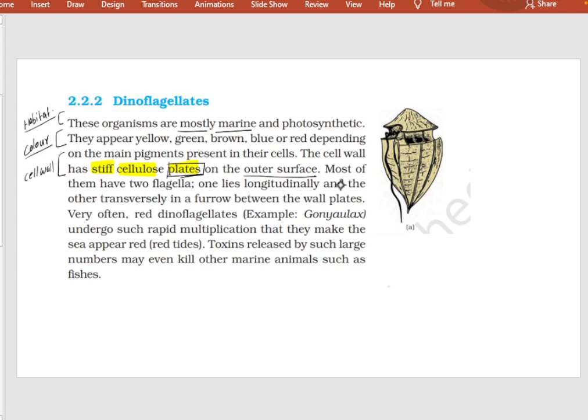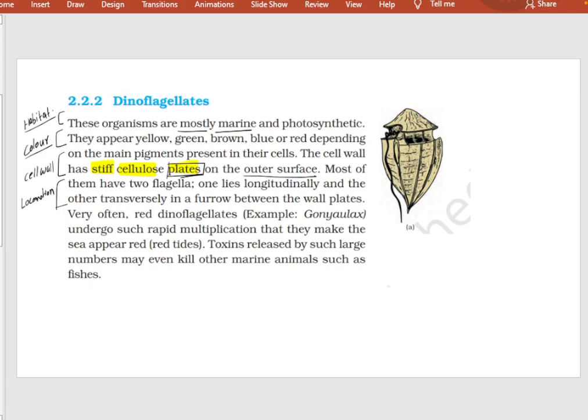One lies longitudinally, the other transversely in a furrow between the wall plates. They are perpendicular to each other. So this is regarding locomotion, flagella.